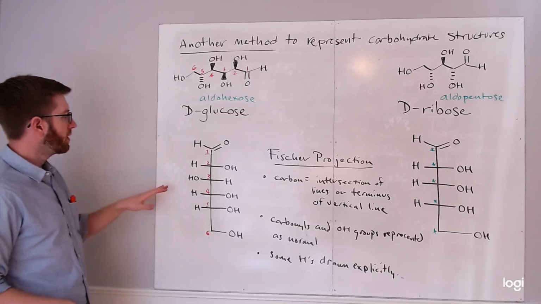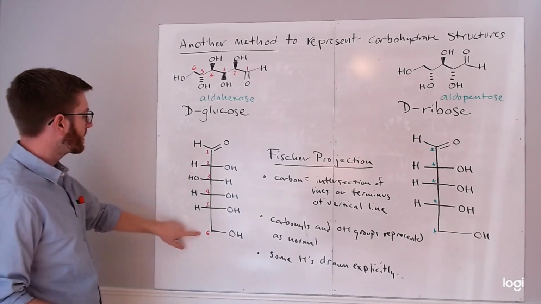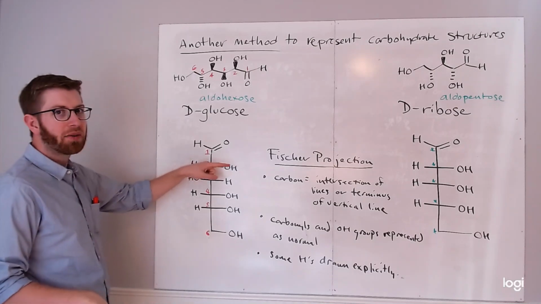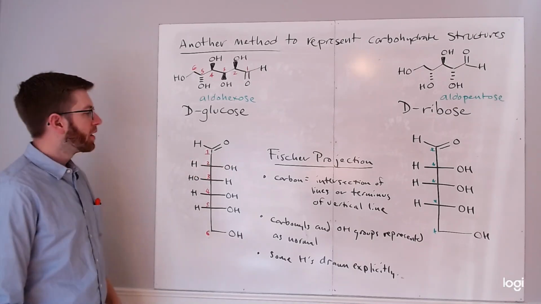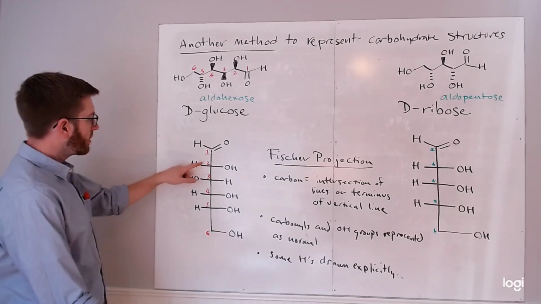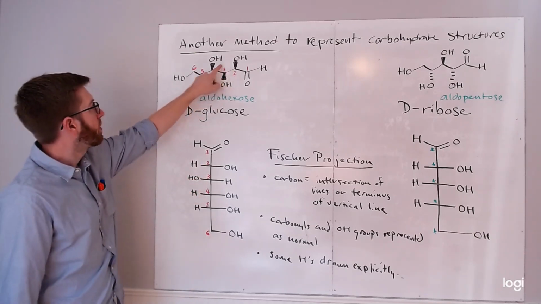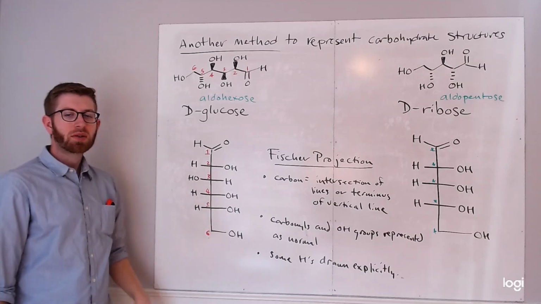So if I look at this, carbon 1 and carbon 6, which don't have this horizontal line, those are not stereocenters. But carbons 2, 3, 4, and 5, those are all carbons that are stereogenic centers.